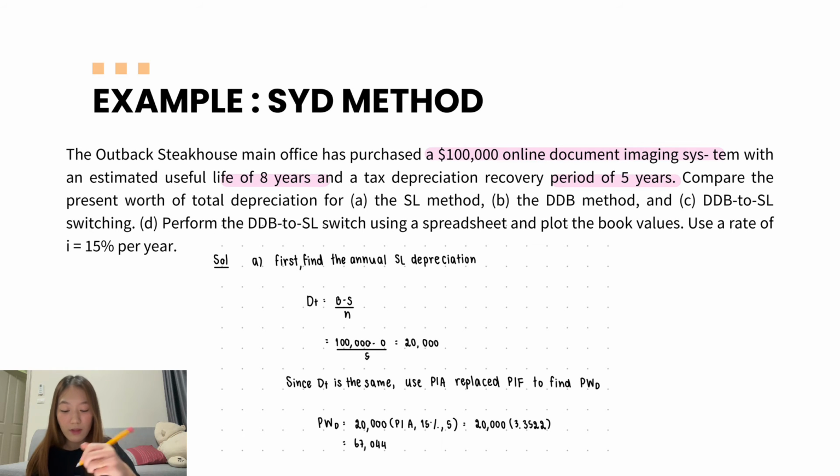So here is the formula to find the PWD. Here we open the table and we get this number, 80.3522, multiplied by 20,000. So the result is 67,044 for the SL method.